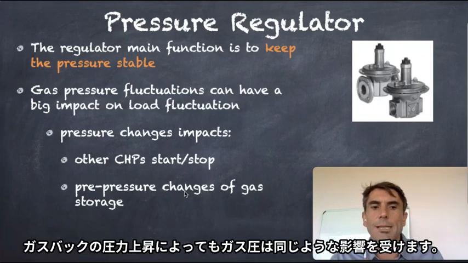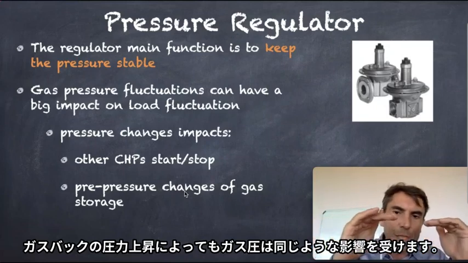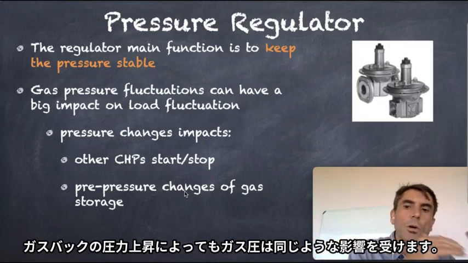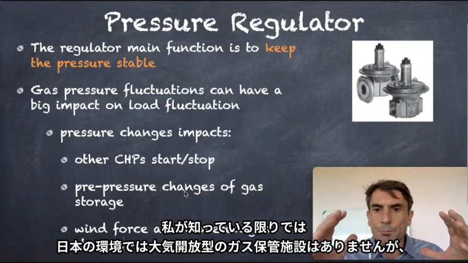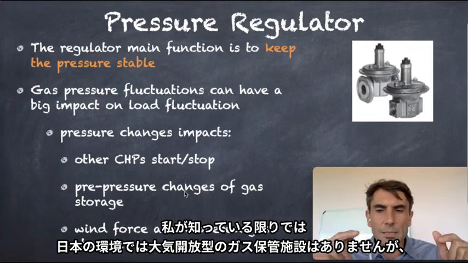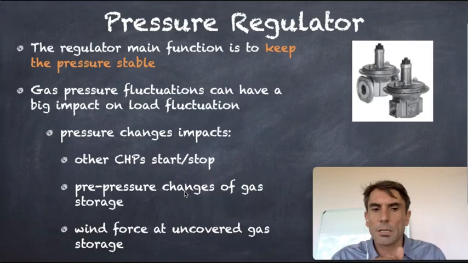As well, on the gas storage, if the pre-pressure changes on the gas storage, we can get fluctuations in the gas pressure, which will have a direct impact on the load again. As far as I know, you don't work with open gas storage that is connected to the environment.